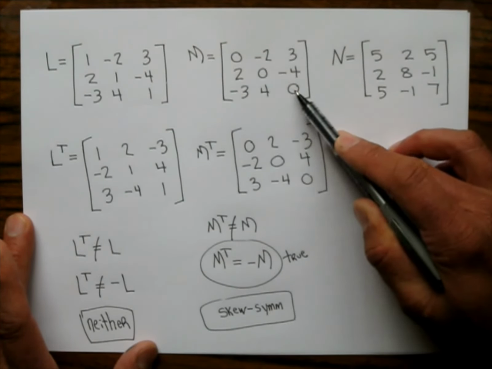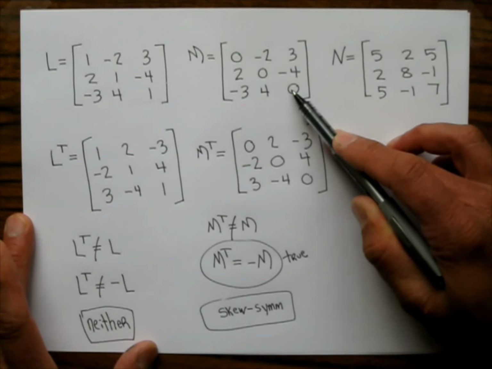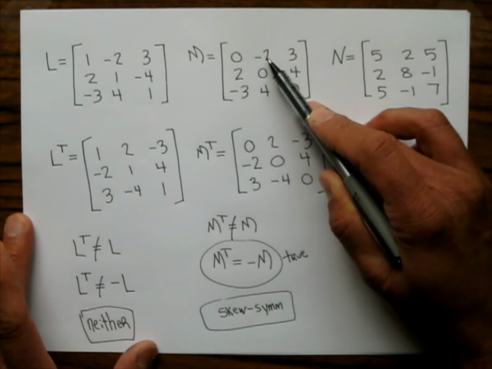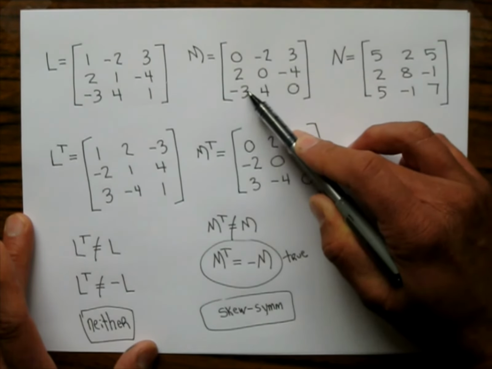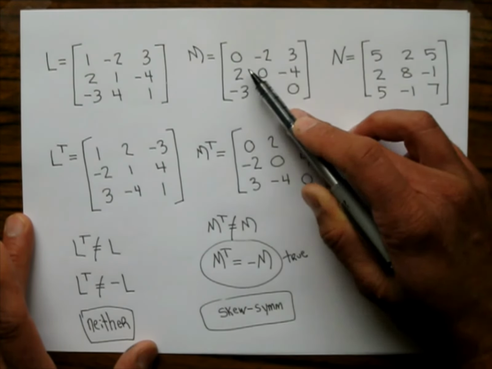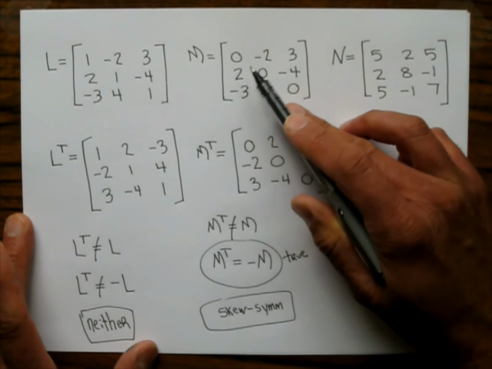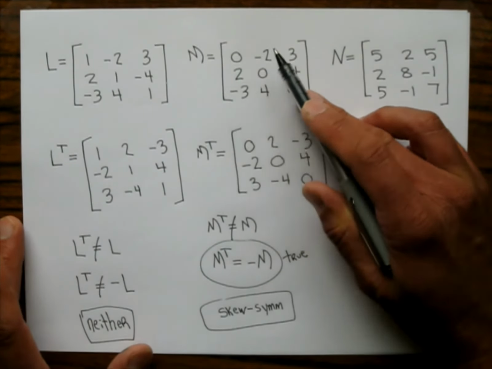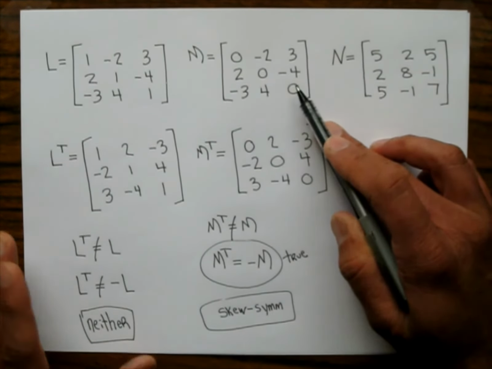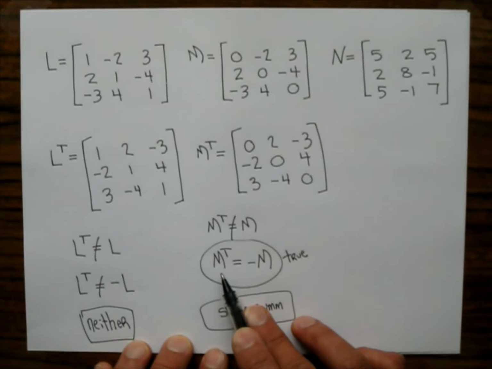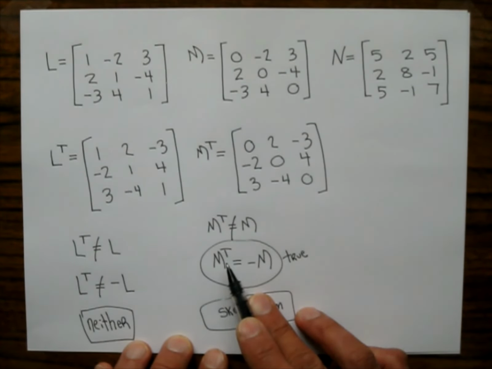The main diagonal is kind of acting as a mirror, sort of the evil mirror. So here's 2, here's its evil twin, -2, or its opposite. So when you're looking at reflections across the main diagonal, you have opposites on all the other non-main diagonal entries. And so that's what makes this skew-symmetric. Of course, you can always go back to the definition, which says M transpose equals -M.